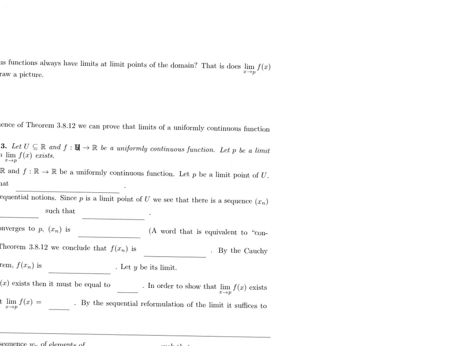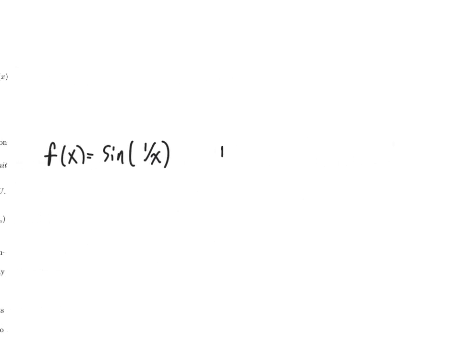And let's see if that holds for continuous functions. And instead of using 1 over x again, how about this? Let's take f of x equal to the sine of 1 over x. So if you go and plot this, it'll be nicely behaved away from 0, but close to 0 it will wiggle faster and faster.